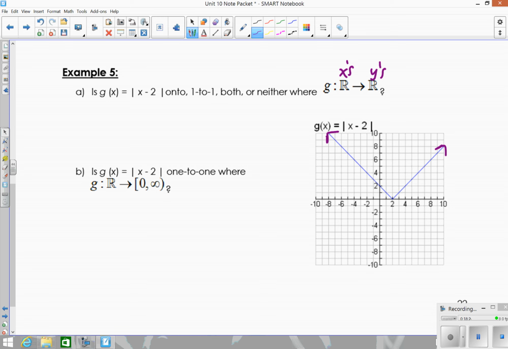And it's also not 1-to-1 because if you look at, let's say, 4, when y equals 4, there's two x values that have the same y value. So this one's neither. Basically the same reason as example 3. If you just look at example 3, it's the exact same scenario. Instead of it being a U shape, it's a V shape, the only difference.